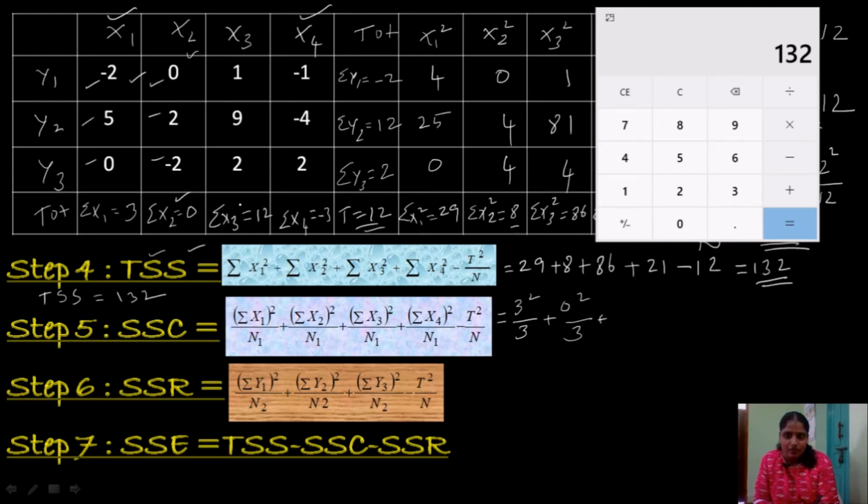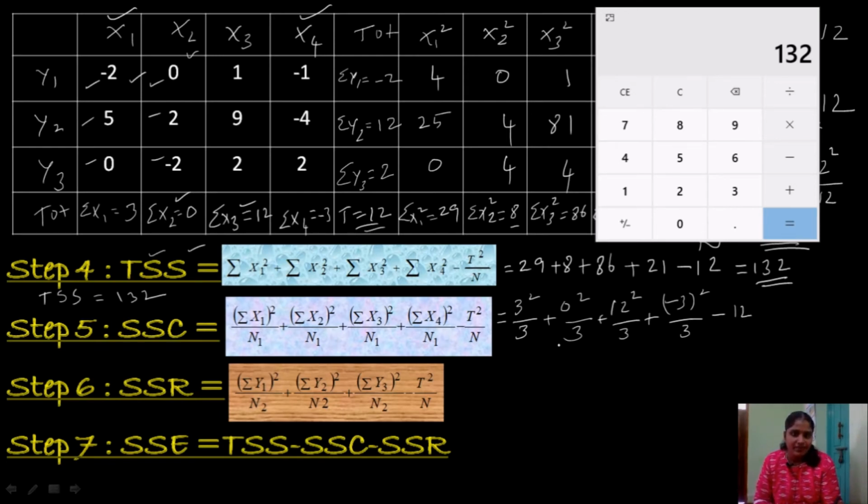Sigma x3 value is 12, so 12 square by 3 elements, plus sigma x4. Sigma x4 is minus 3, so minus 3 square over 3, minus correction factor T square by n, that is 12.